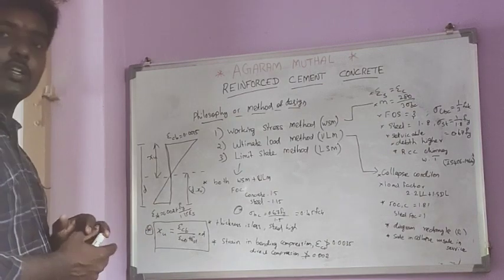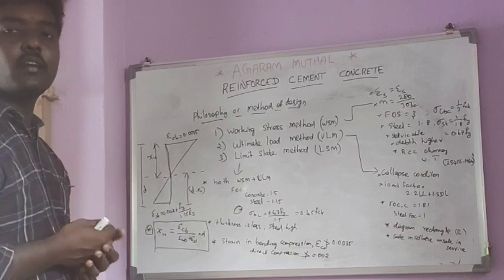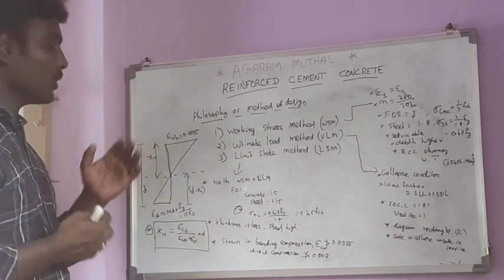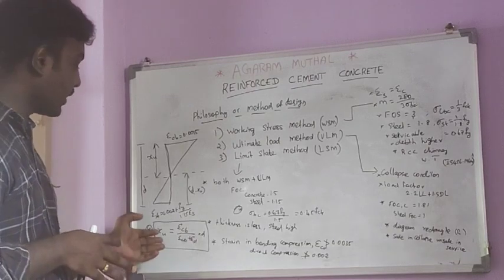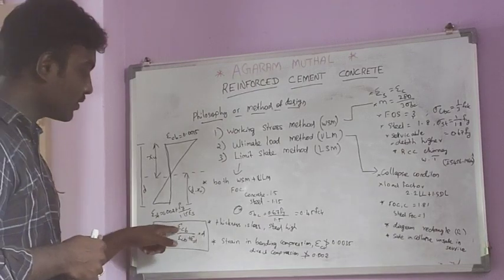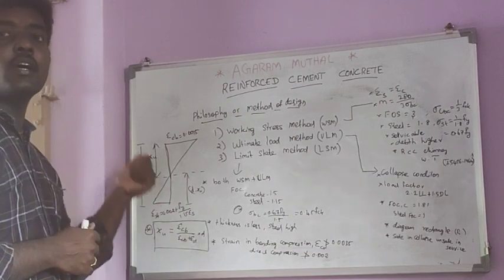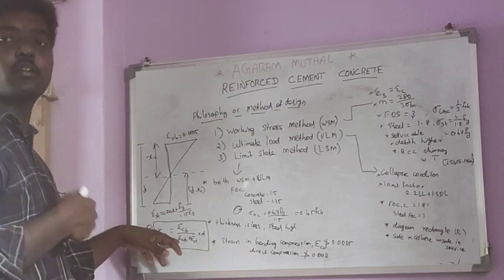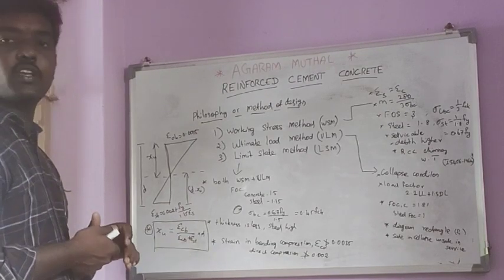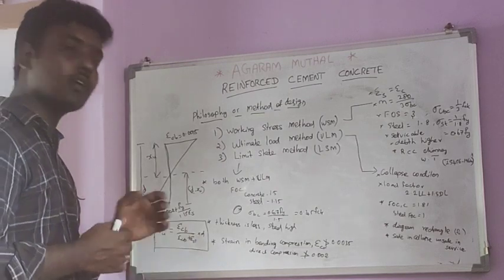And the expression of XU is nothing but the depth of the neutral axis of the section, which is calculated as the strain due to bending at the compression zone, divided by the strain at the compression zone plus the strain created at the tensile zone on steel, into d.